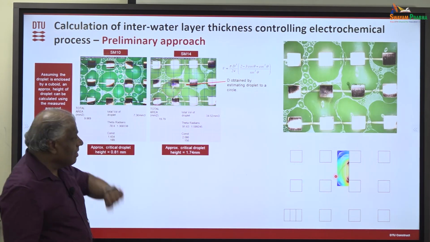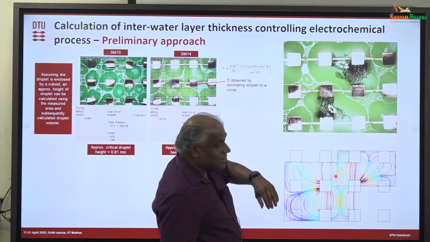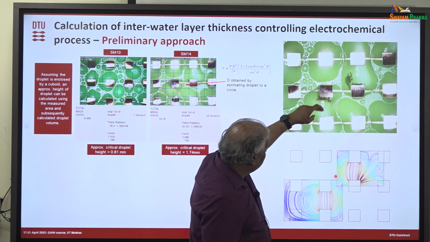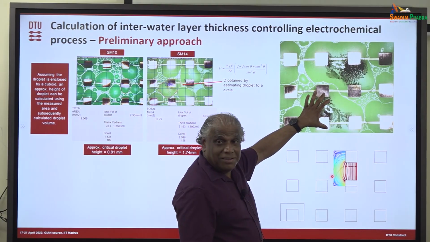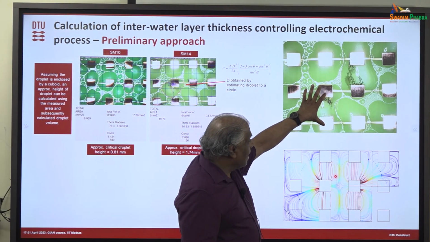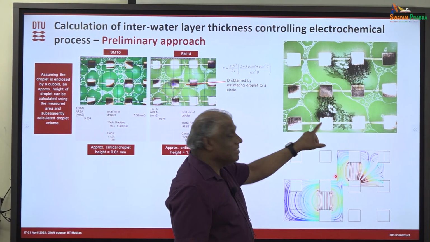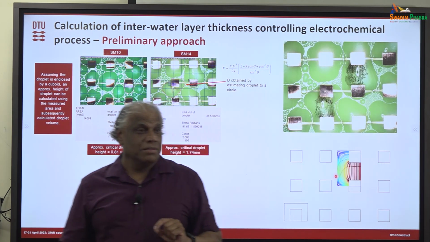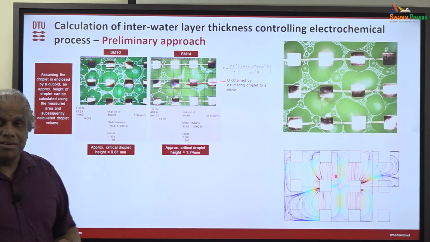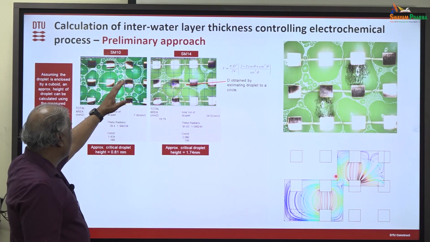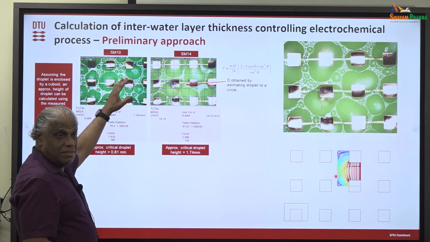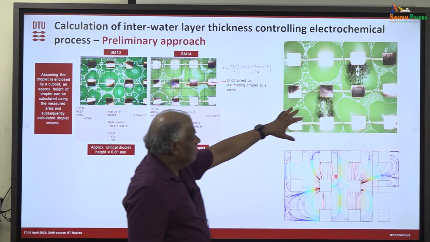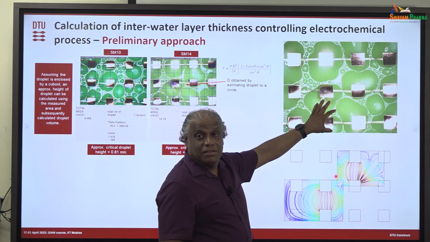Where do you get failure? At the point when the water film droplets collide together and become connected between these two, suddenly you can see that dendrite is forming. As long as the inter-droplet layer exists like this, you never get the failure.